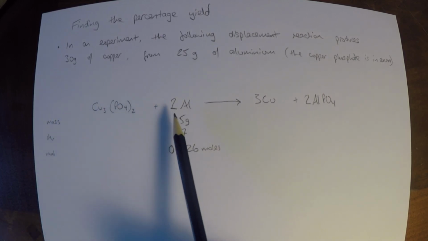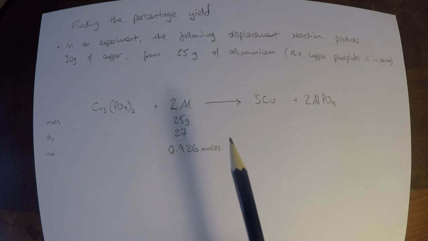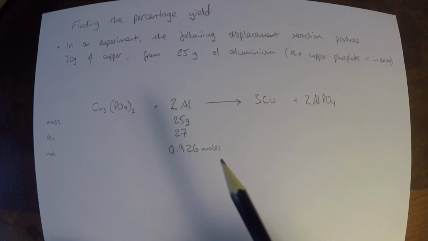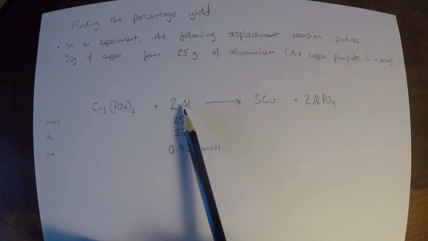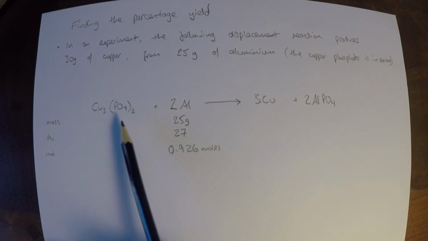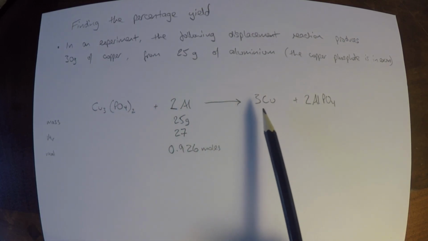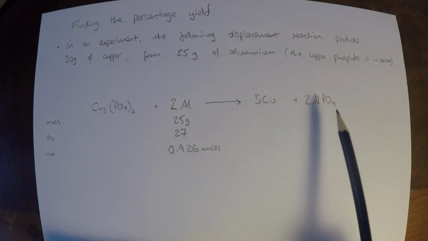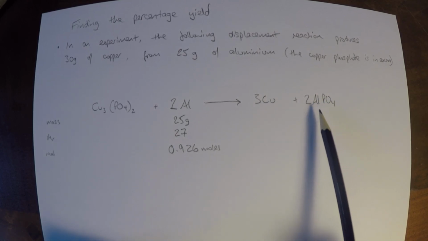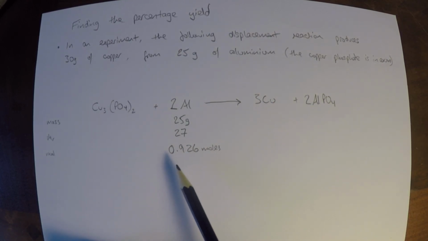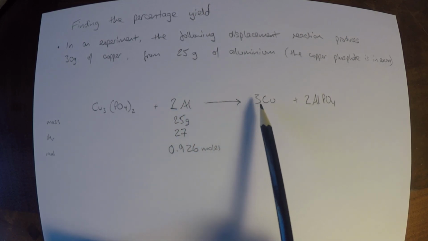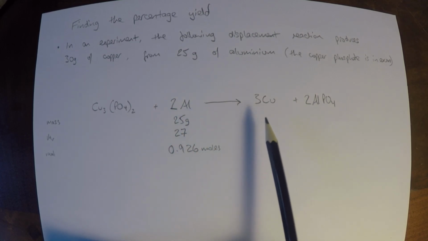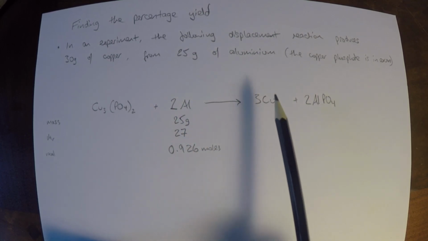Now once we know the moles of one substance in a chemical equation, we can use the ratios of the coefficients to find the moles of every other substance in the equation, since the coefficients tell us the ratio of each substance to each other. So 2 atoms of aluminium will react with 1 molecule of copper phosphate to produce 3 atoms of copper and 2 molecules of aluminium phosphate. Therefore, if we have 1 mole of aluminium, because of the 2 to 3 ratio, we would be producing 1.5 moles of copper.